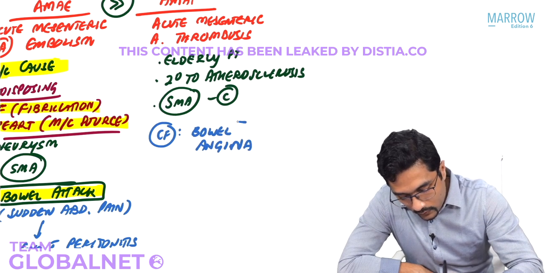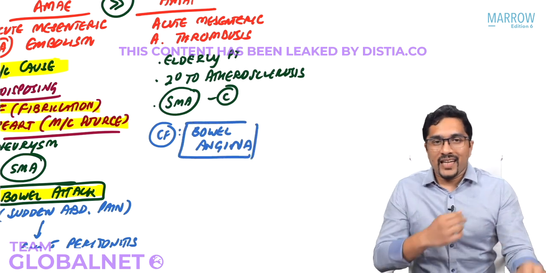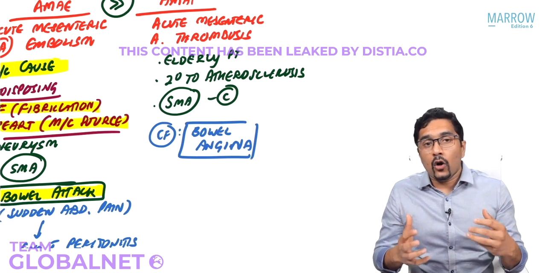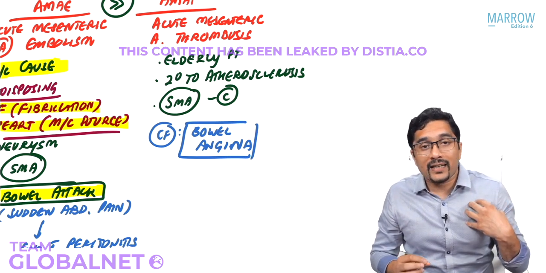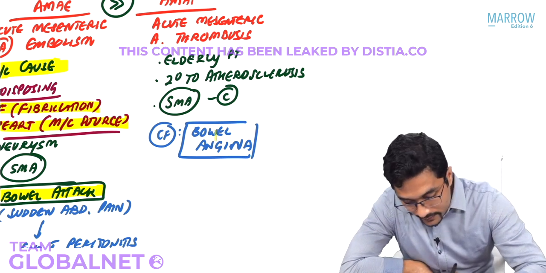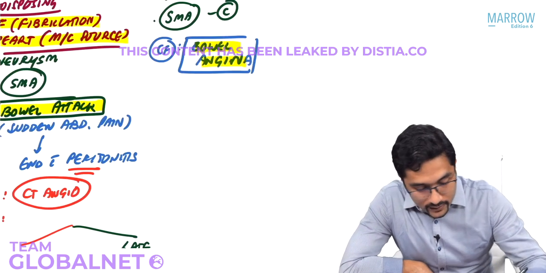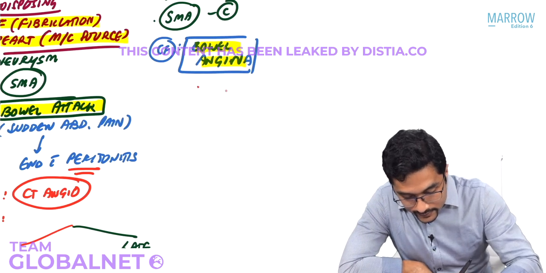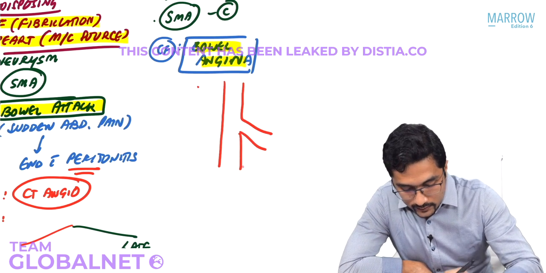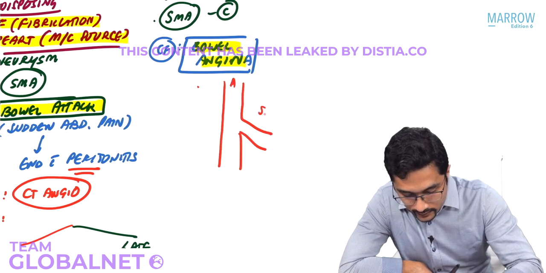Like anginal pain, heart pain, if somebody exercises or eats a heavy meal, the anginal pain can get precipitated. Similarly, bowel angina. This is the aorta, this is the superior mesenteric artery.